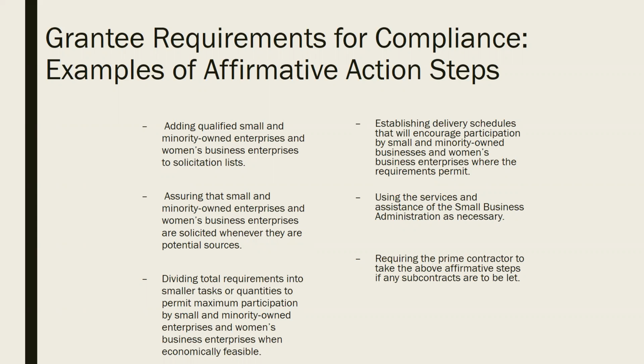Also, you can divide up projects for smaller companies so they are able to handle the workload. You can work with the Small Business Administration, and there are very different things you can do. You don't always have to use the examples; find different, creative ways for affirmative action steps.